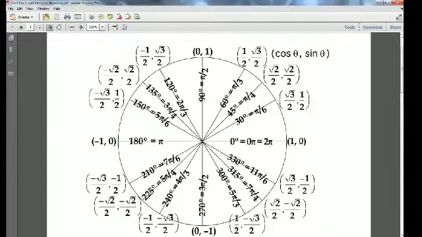This is 15, 15, 30, 30, the whole way around. And then your values here. So if you want that whole circle, there it is. It's attached at Google Classroom.